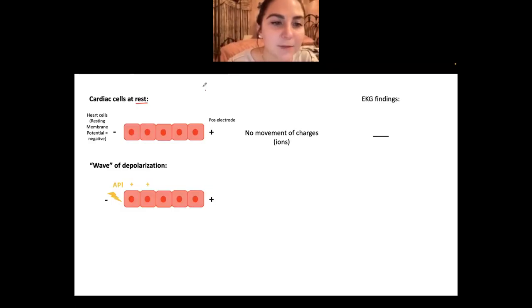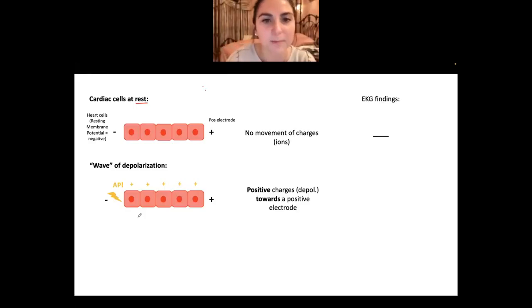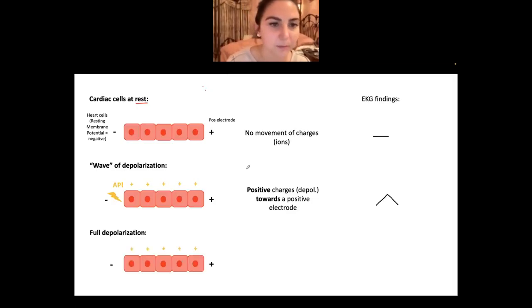When we have our wave of depolarization, this usually happens all at once because of those gap junctions, but you can think of it as, if you really, really slow it down, it looks like this. One cell gets depolarized and the next one gets depolarized and the next one and the next one. So this is a positive charge because we have depolarization occurring, moving towards a positive electrode. That's going to be a positive deflection.